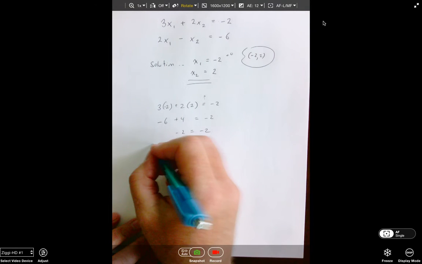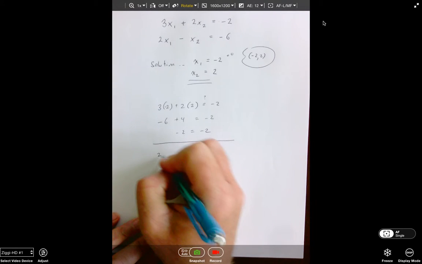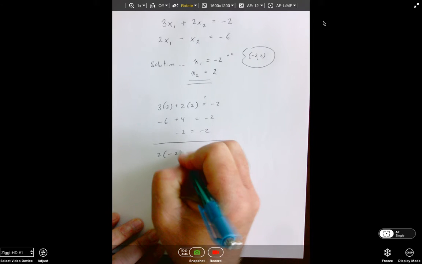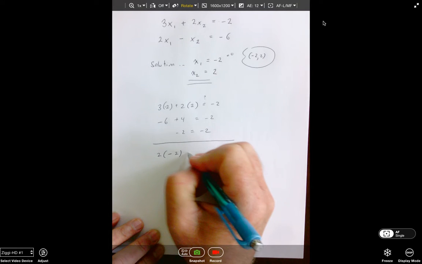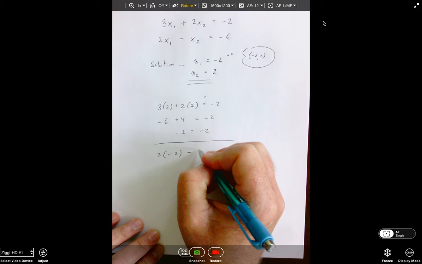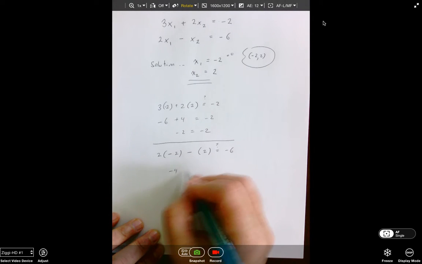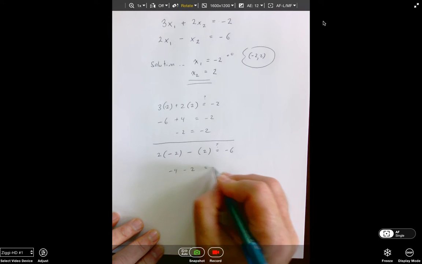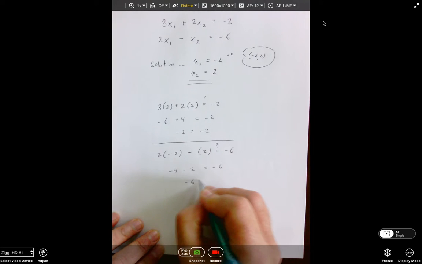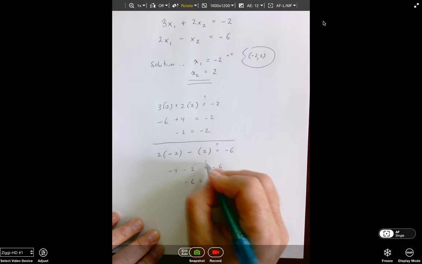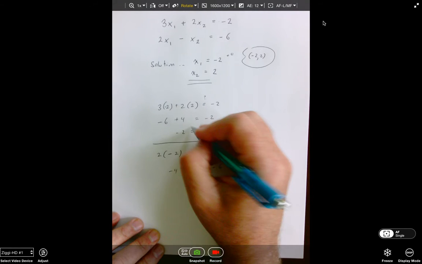Let's try the other one. 2 times negative 2 minus 2. Is that equal to negative 6? Well, over here we get negative 4 minus 2. So it makes a true statement.